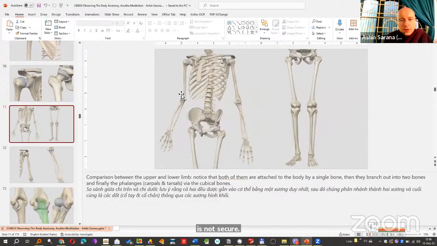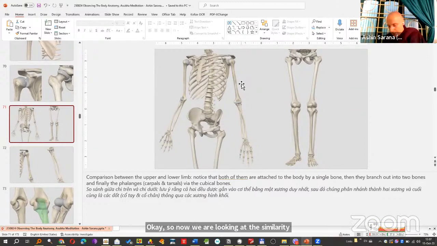Okay, so now we are looking at the similarity between the limbs. So we have 4 limbs, that means 2 arms and 2 legs. Now the 2 arms and 2 legs have a similarity. All of the 4 are attached to the torso, to the main part of the body, by one relatively large bone.